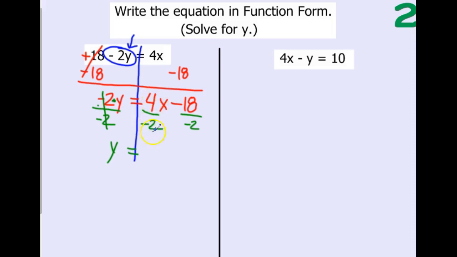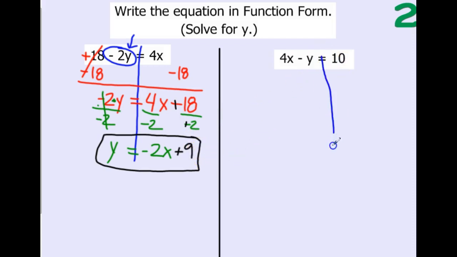Here we have 4 divided by 2. It's negative, so it would be negative 2. Then there's the letter x. All I did was divide 4 divided by 2. And then same thing here. Negative 18 divided by negative 2. Well, two negatives make a positive, and 18 divided by 2 is 9. If this is a little bit confusing, make sure to pause it, write down your steps before you keep going.